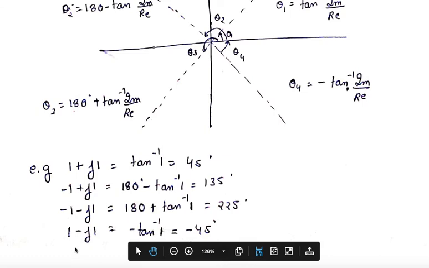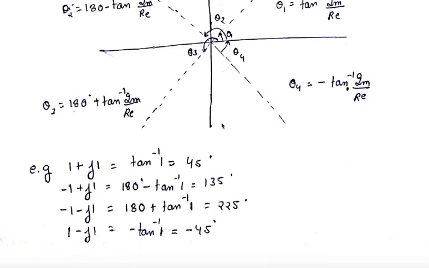And if it is like 1 minus j1, that is real is positive and imaginary is negative, then it is written as minus tan inverse imaginary by real. So imaginary is 1, real is 1, 1 by 1 is 1, tan inverse 1 is 45, and with this minus sign it will be minus 45 degrees. So like this you can find out the phase of any complex number.